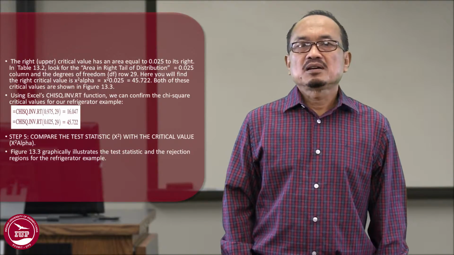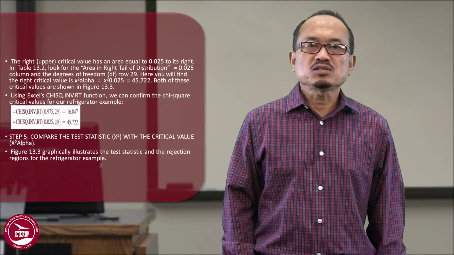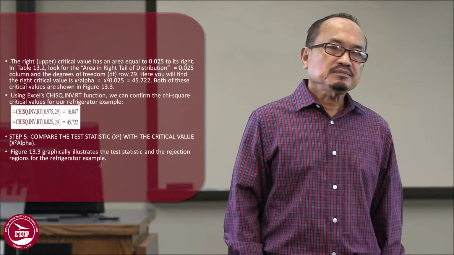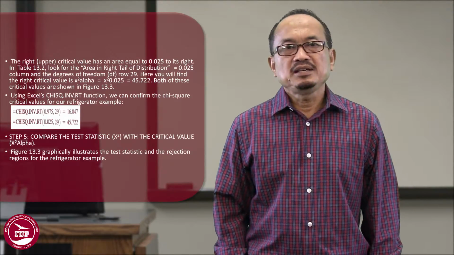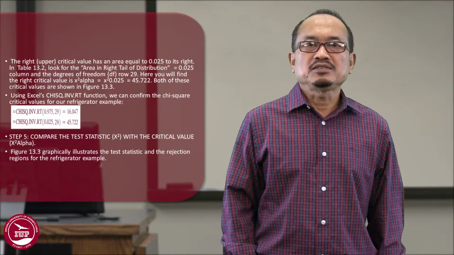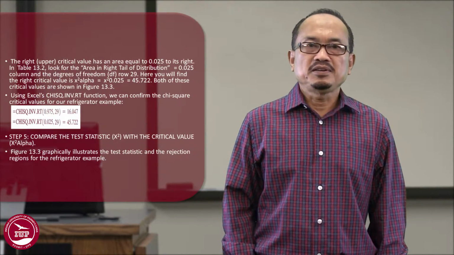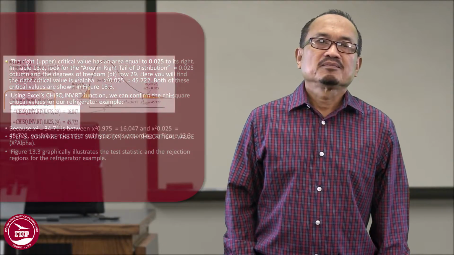Step 5. Compare the test statistic X squared with the critical value X squared alpha. Figure 13.3 graphically illustrates the test statistic and the rejection region for the refrigerator example.